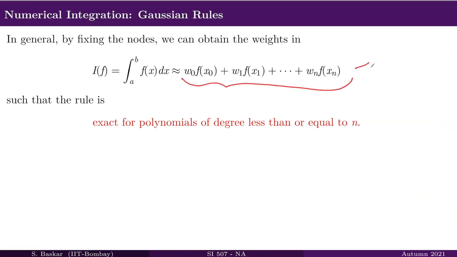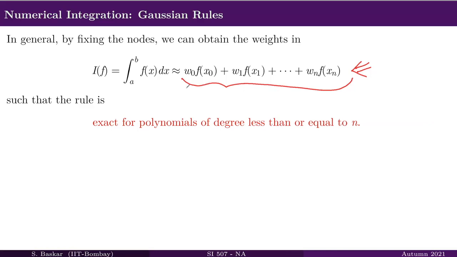Remember, this general form is the same as what we considered in the previous classes also. The general form has no change in it, but what is the change? Now we will not provide the nodes. The nodes will also be obtained as part of the method of undetermined coefficients. That is the new idea in the Gaussian rule.